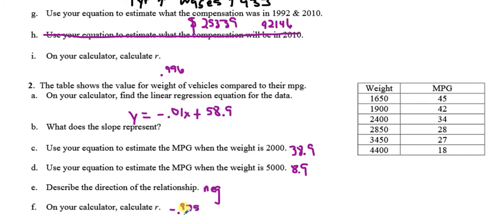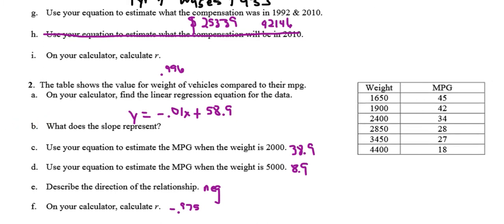Very strong negative relationship. Once you get up to above 0.8, that's a strong relationship, whether it's positive or negative. And notice one other thing, the slope. If the slope is negative, your R value is going to be negative. If the slope is positive, your R value is going to be positive.